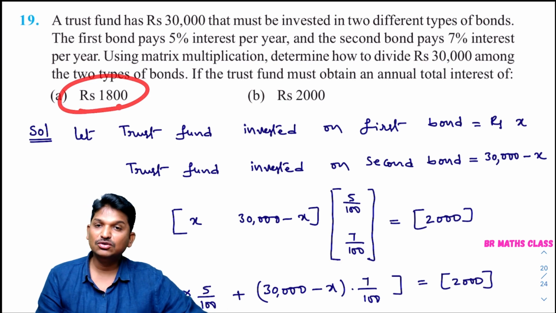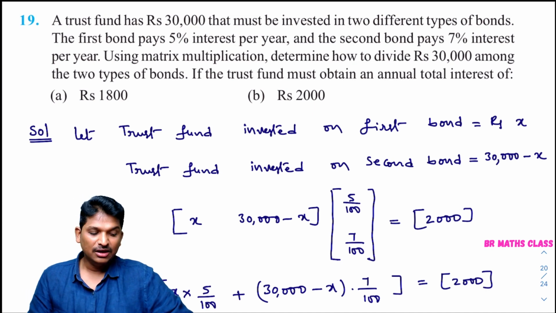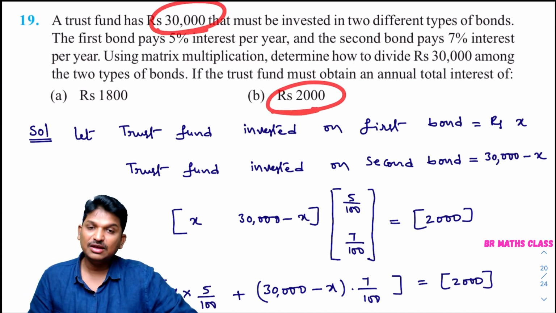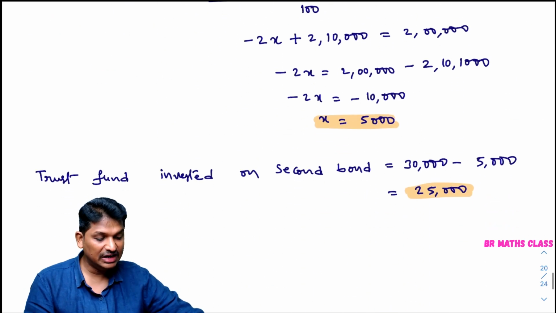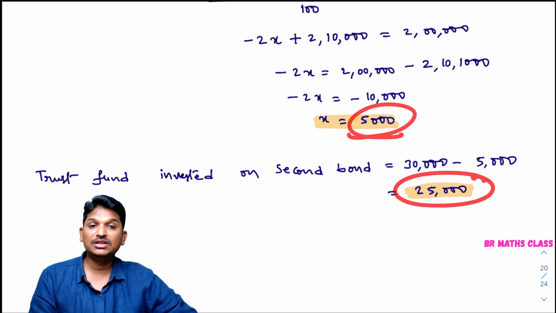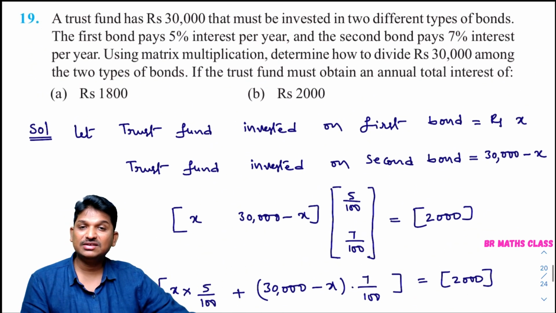You will choose this option or this option. Generally you want to earn more through interest. So if you want to get more interest from this amount, we'll invest 5,000 rupees on the first bond, 25,000 rupees on second bond. Simple logic. I hope you understand this problem.